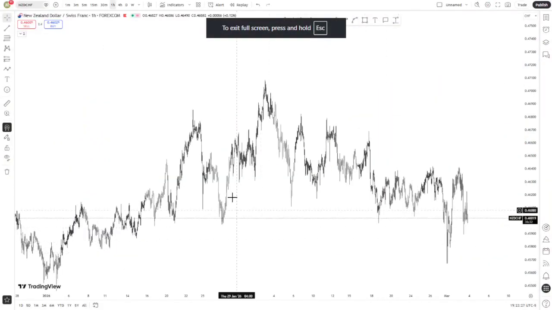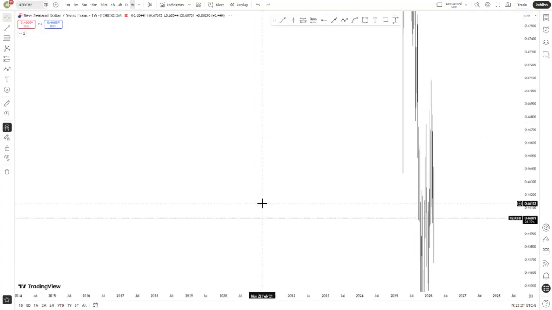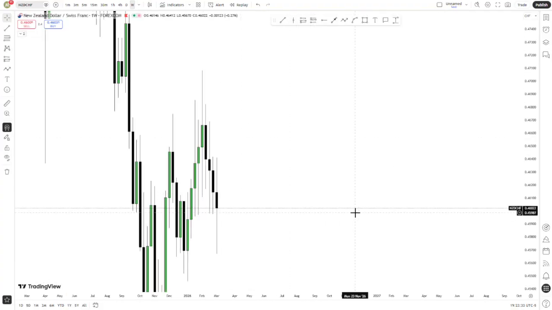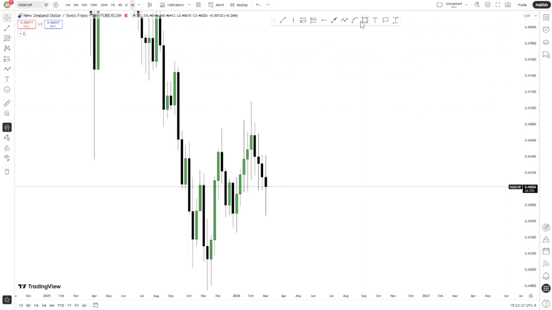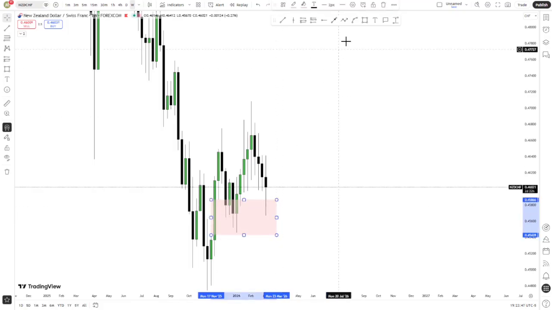Okay, welcome guys. I want to analyze this chart and see what I'll be looking at from last week. This is NZD, and currently we are inside this weekly FVG, right? So that's where we are. I'm going to go to the lower time frame.